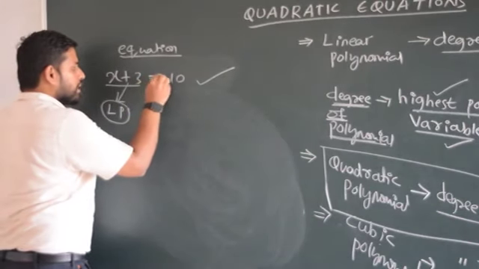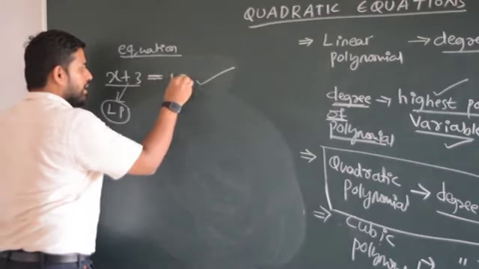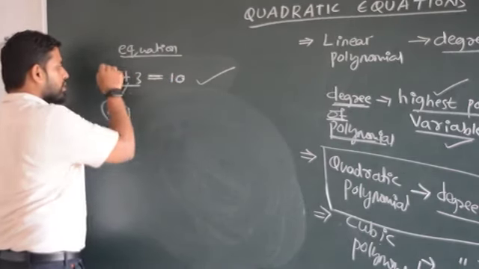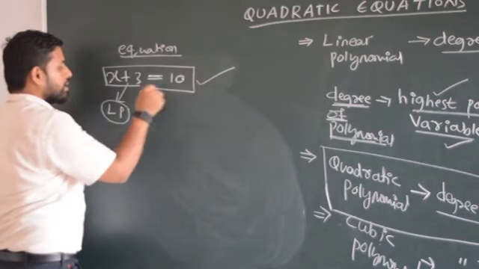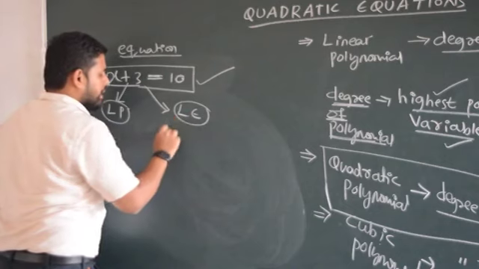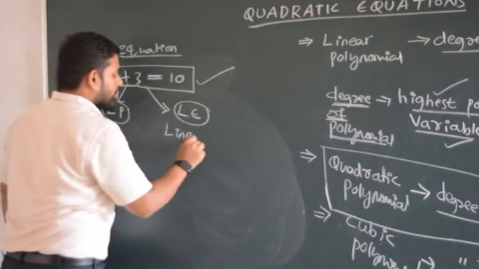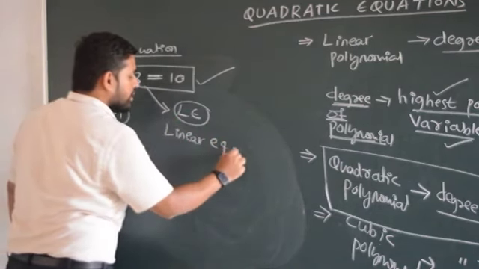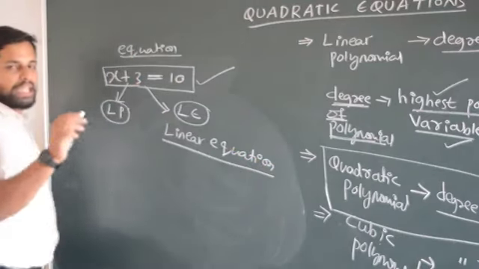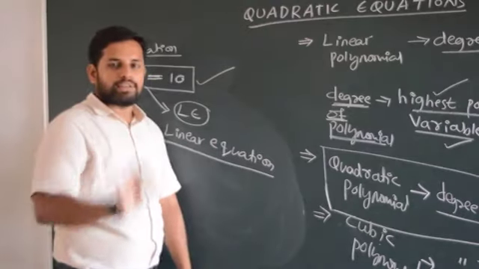Now if I put an equal sign and write something on the other side, this becomes an LE, a linear equation. Equation means there must be some equal sign.